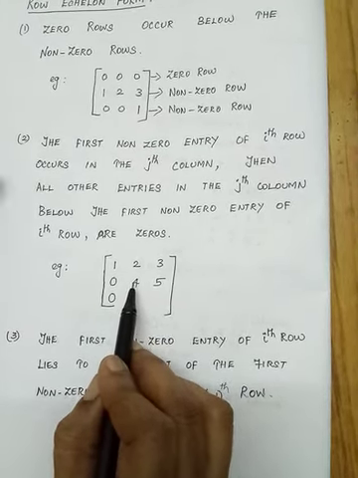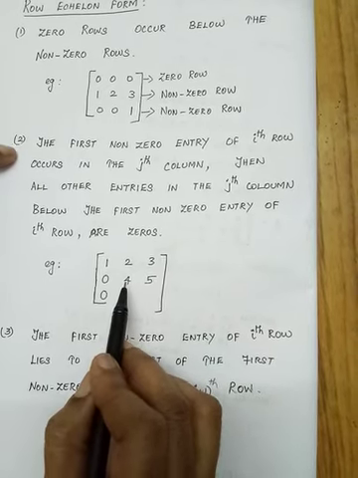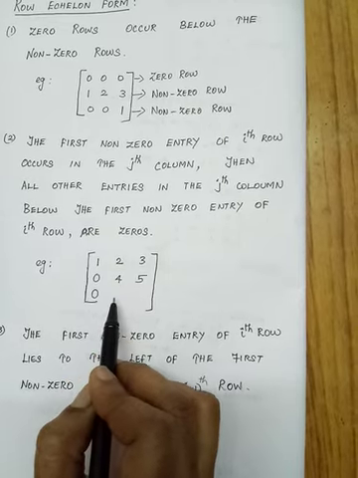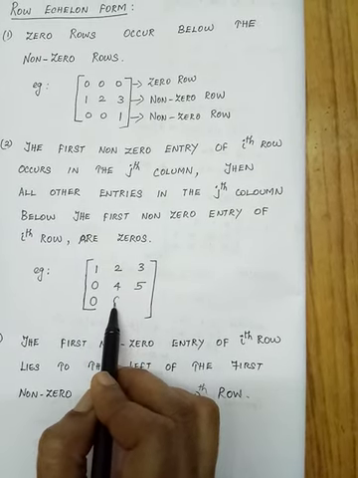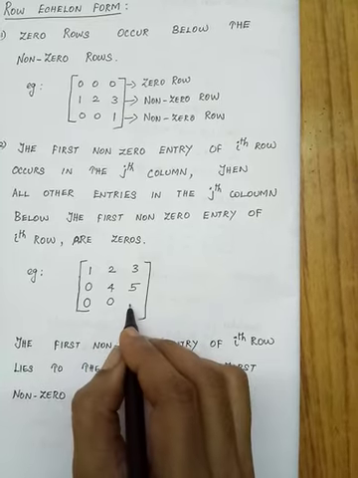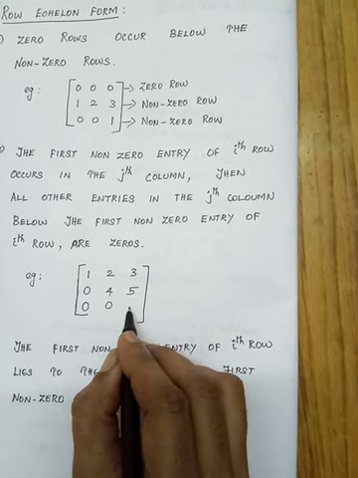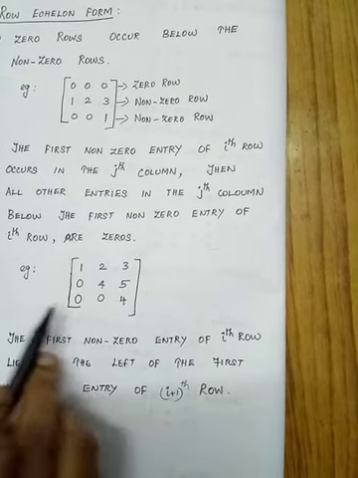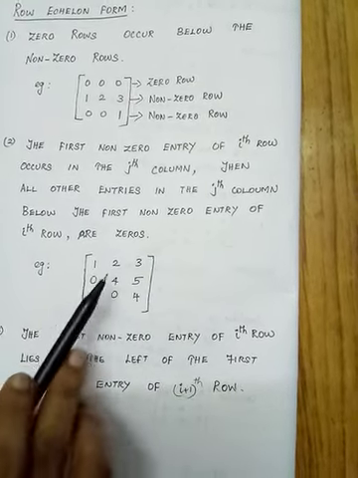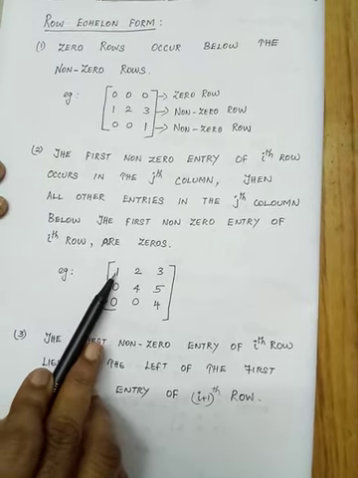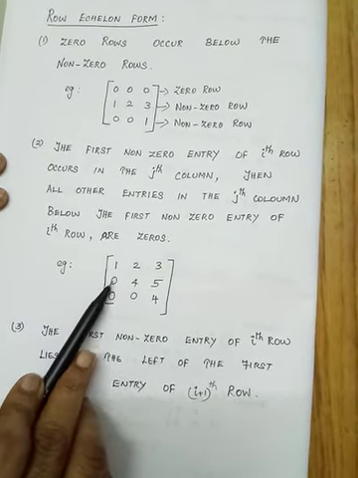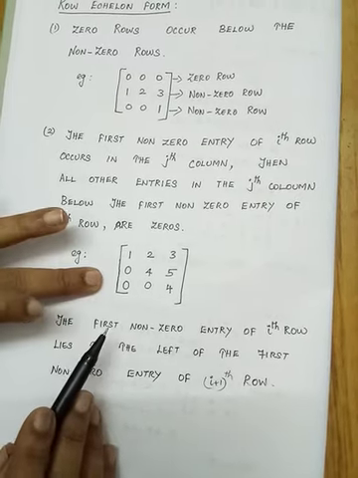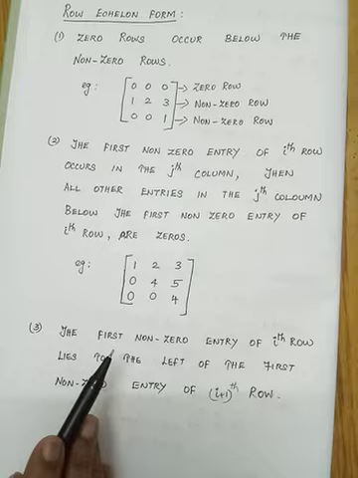According to this property, below the first non-zero entry the entries should be 0. So in the third row, if you write 0 there, it is in echelon form. According to the second property, below the first non-zero entry, all other entries are 0. Then the third property comes automatically.